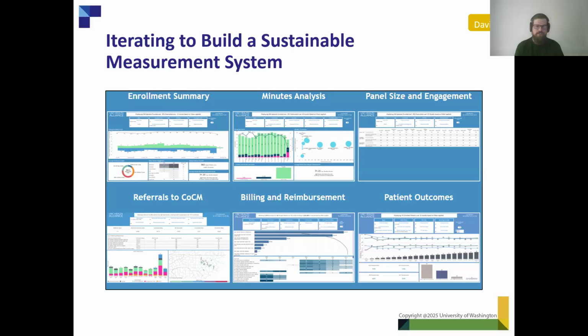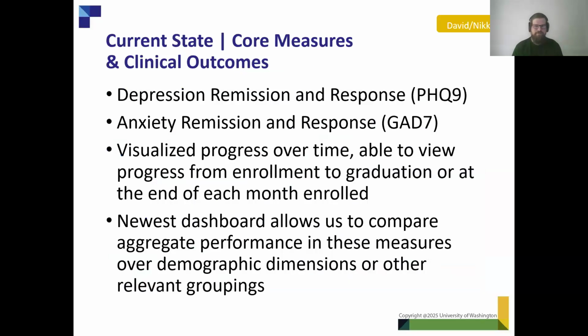And for patient outcomes, we can go to the next slide now. We are tracking depression remission and response, as well as anxiety remission and response. And we're visualizing the progress of those over time per patient. And one great thing that Tableau and the technical solution we've created gives us the ability to do is to not just look at that month over month, for the patients that graduated now versus the ones that graduate next month.